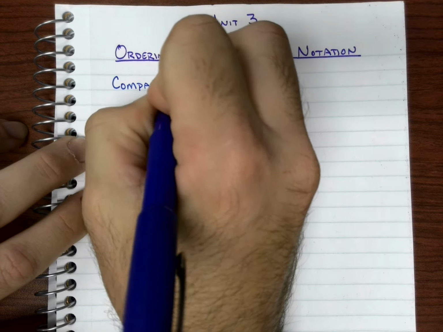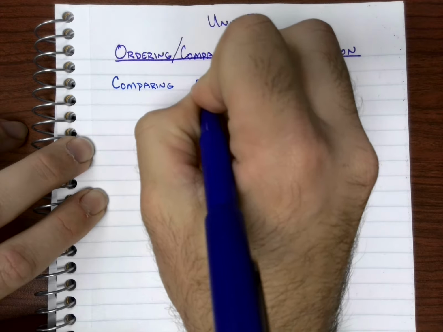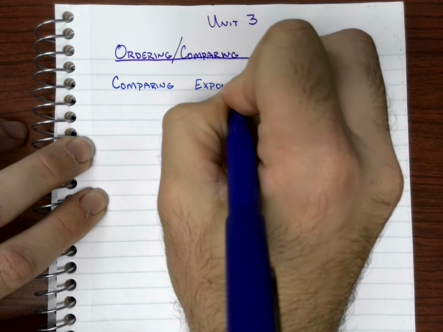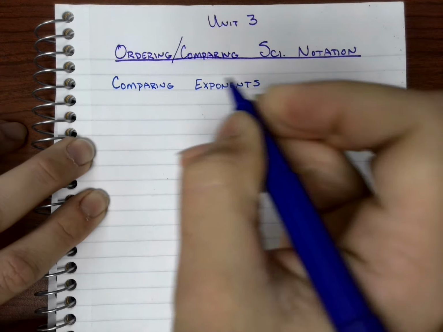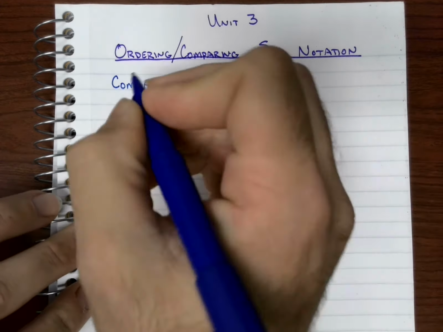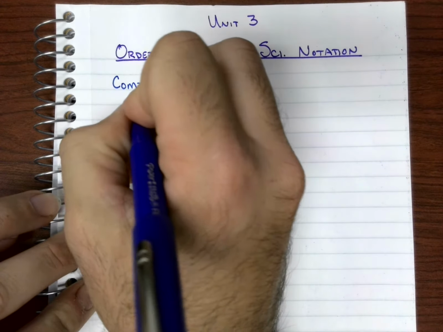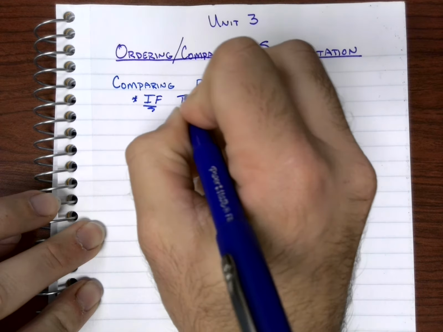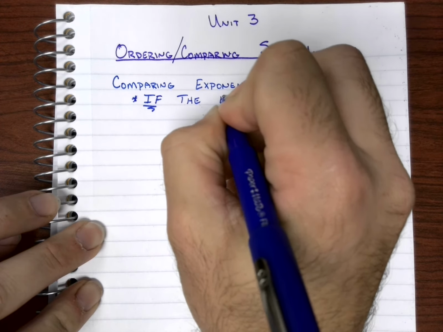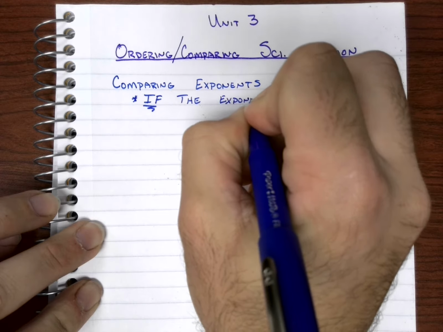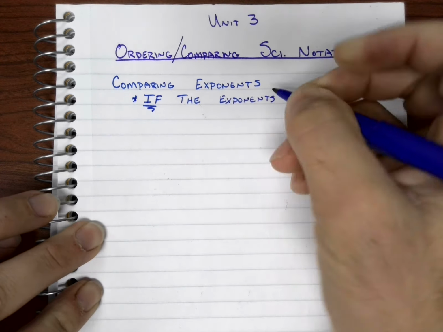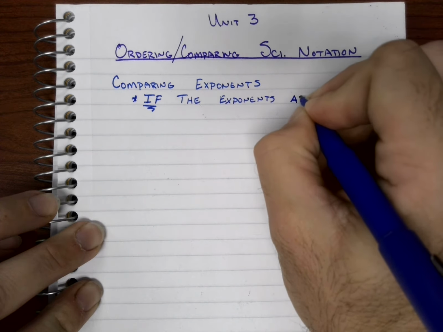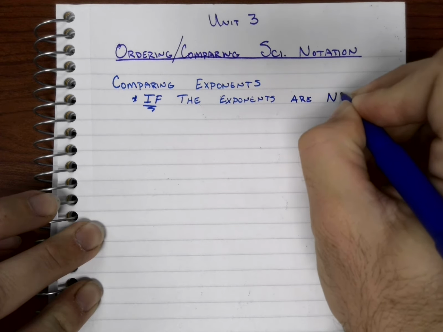The first way is you need to compare the exponents. So when we compare the exponents, if the exponents are not equal, I want us to underline the word not.